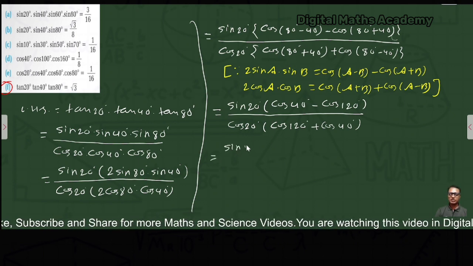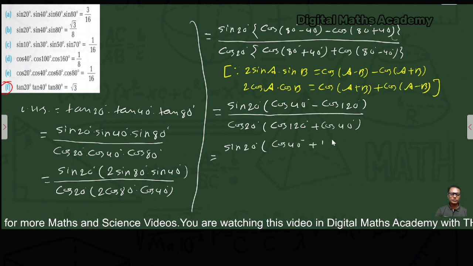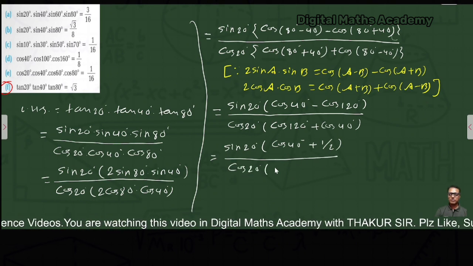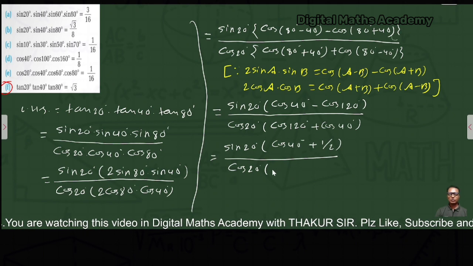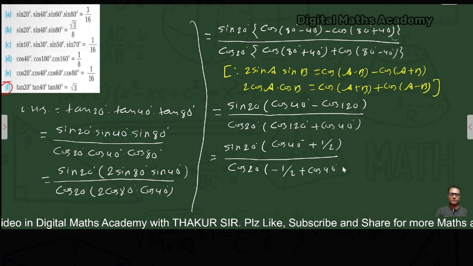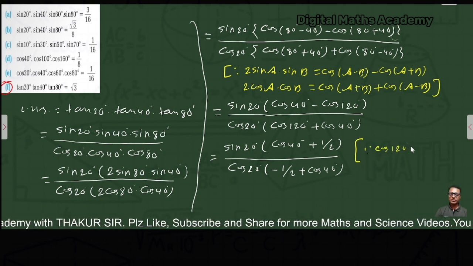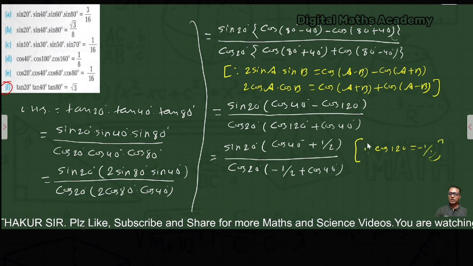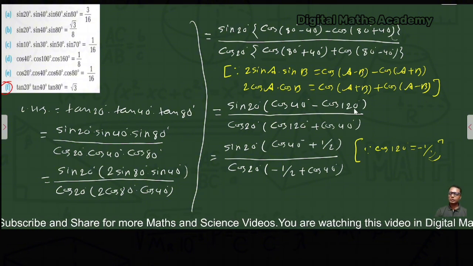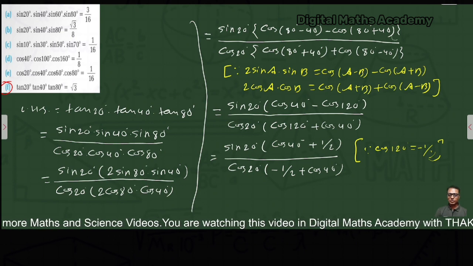So we have here sin 20 degree and here cos 40 degree plus 1 by 2 over cos 20 degree. Here cos 120 degree, its value will be minus 1 by 2, and there is a plus cos 40 degree. So as we know, the value of cos 120 degree equals minus 1 by 2, and here if there is a minus cos 120 degree, so cos 120 degree is negative, so both negatives become positive here.